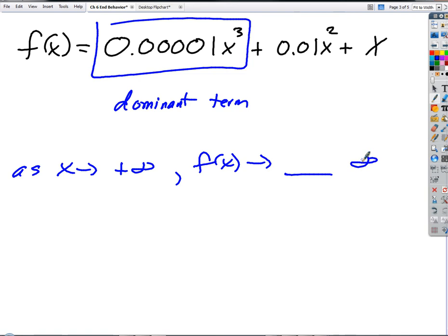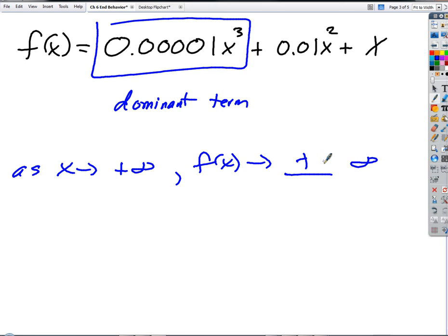A positive value of x cubed is what sign? A positive number cubed is positive, times a positive number out front. That's a positive 0.00001. A positive number times a positive number gives us back a result of positive. So it's positive infinity, right?